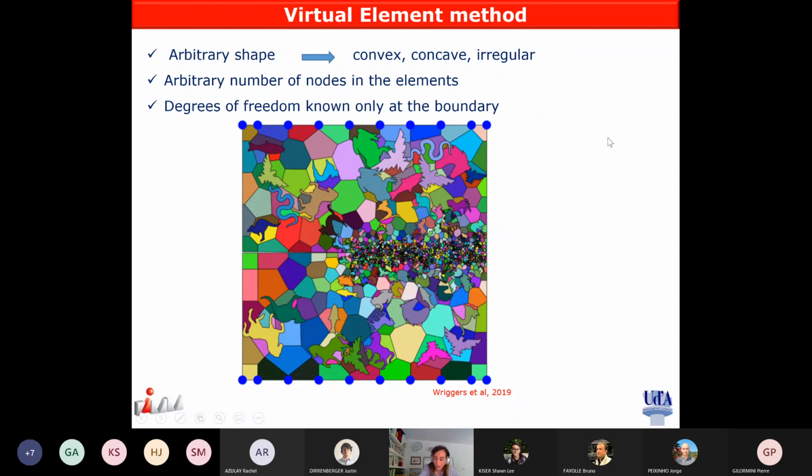Here you can see a mesh with very imaginative animal-shaped elements. Each eagle, each horse is one element, each snake is one element, and this is a mesh that was adopted just to show the flexibility of the method, to model a crack propagation problem.